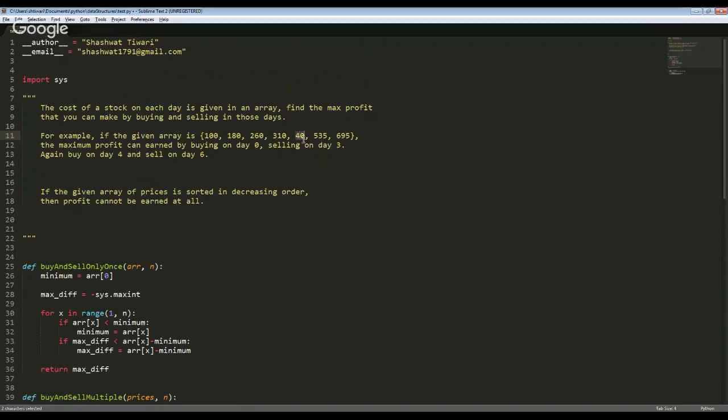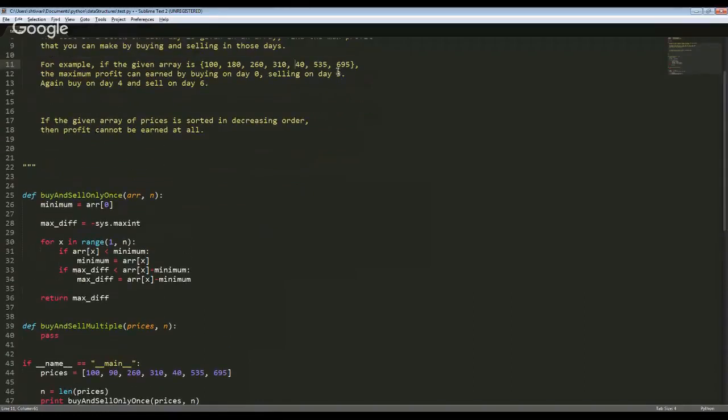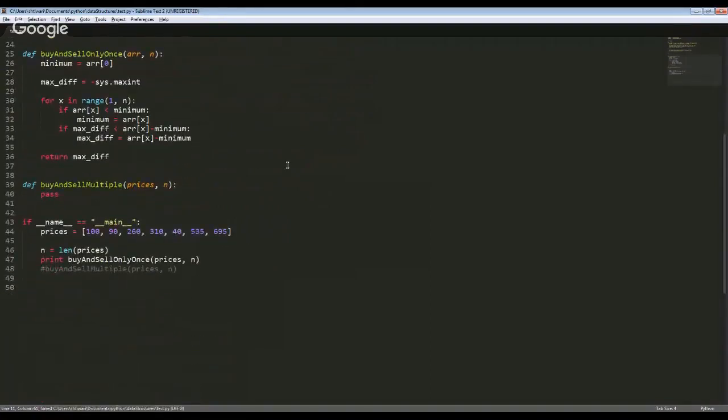Then we hit this 40, so we'll have minimum as 40, and then max difference will be 535 minus 40, which is more than 210, and then 695 minus 40, which is again more than 495, right? So we should get 695 minus 40, which is 655, right?